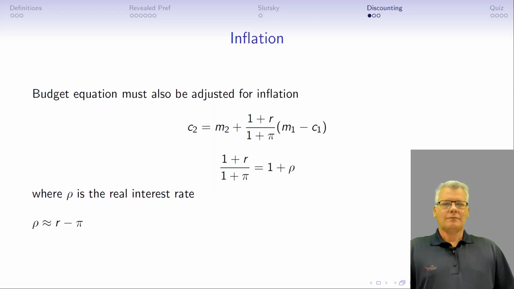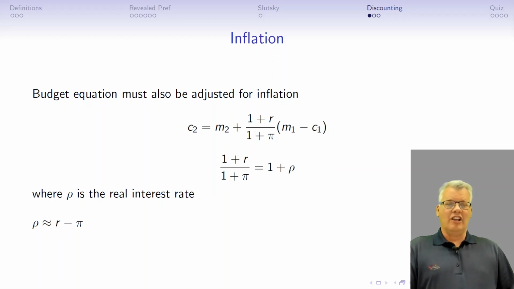Discounting. Now, to amplify on this topic of discounting just a little bit more, so far we've assumed away inflation. So if a consumer saves, right, so that's this first little bit of math.